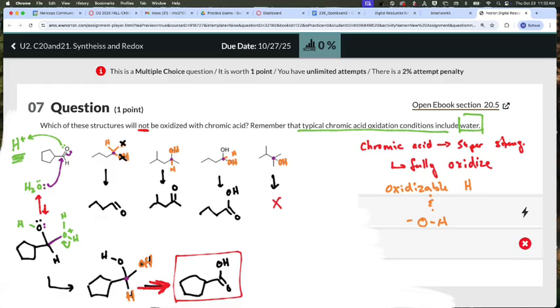So even though that first step is not a likely step to happen or happening at any real appreciable speed, it's happening enough that the chromic acid can then constantly siphon that product out, eventually converting all of the aldehyde into the carboxylic acid. Right?